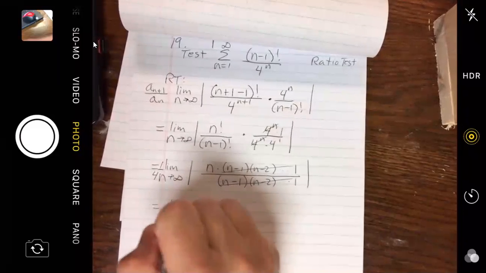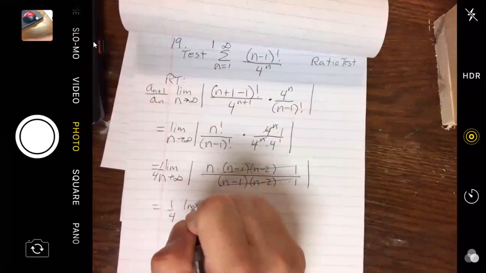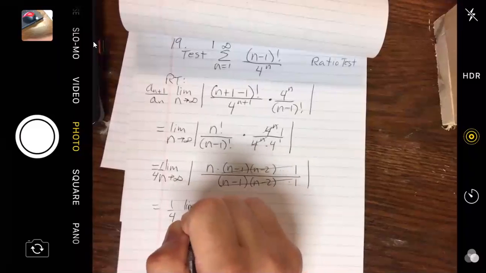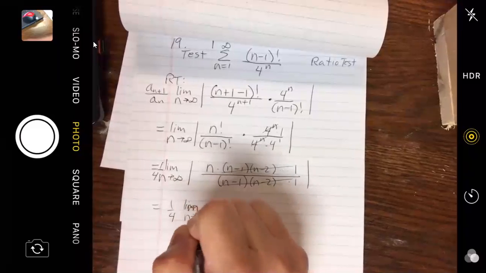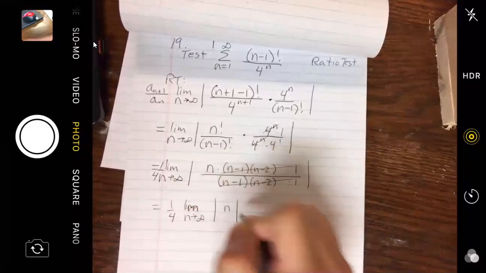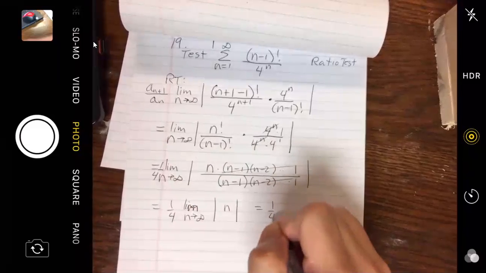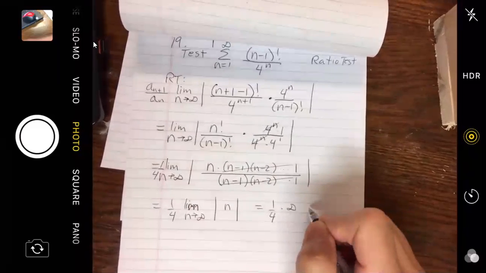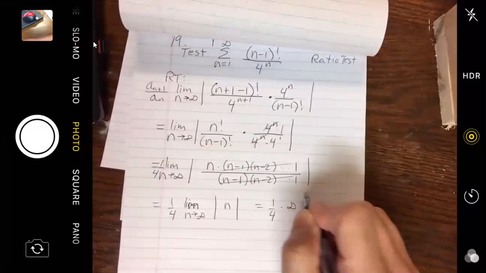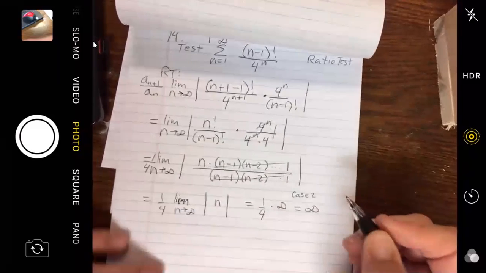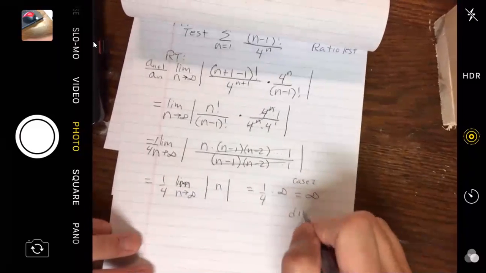So I have 1/4 times the limit as n goes to infinity of just n. Put in infinity and I wind up with 1/4 times infinity, which is infinity. This is a case 2 ratio test, which means you diverge.